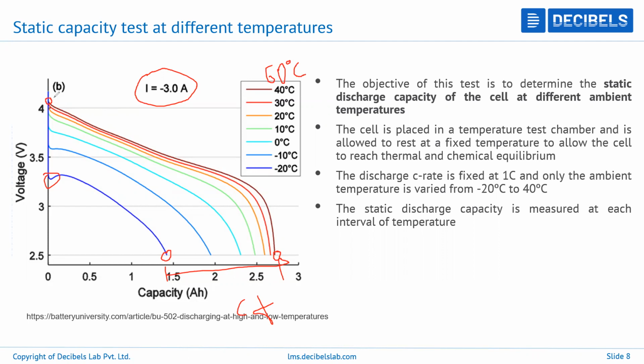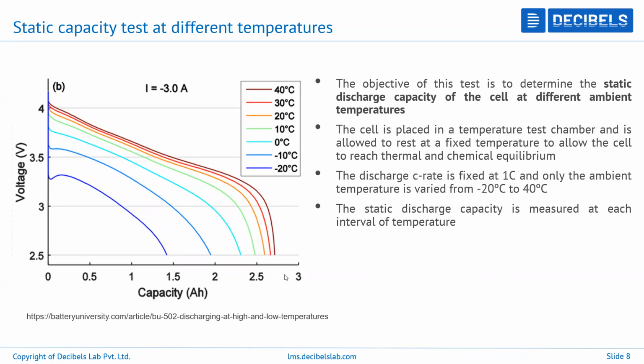So usually it would give pretty good performance, but one also has to consider the safety factor while operating the cell. So this is the static capacity test at different temperatures. Here we can observe the different voltage bands at different temperatures. The higher you go, the more conductivity the electrolyte has, and the more capacity it's able to give out, right?